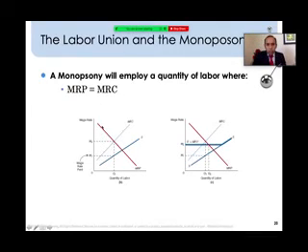According to this model, where marginal revenue product MRP intersects the marginal factor cost or the marginal resource cost curve, at this particular point, the firm is going to employ a quantity of labor from the market supply curve, those that are supplying labor. They're going to hire labor, and they're going to pay them a wage that is set by the monopsony, which is a lot lower than what they could pay in the market.